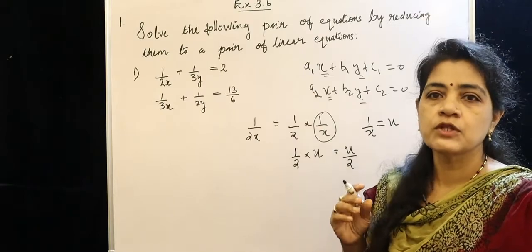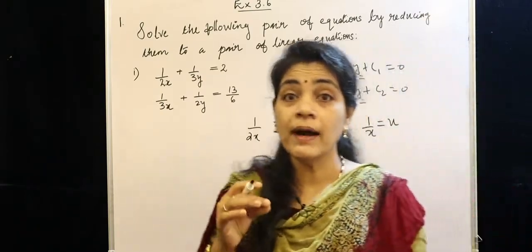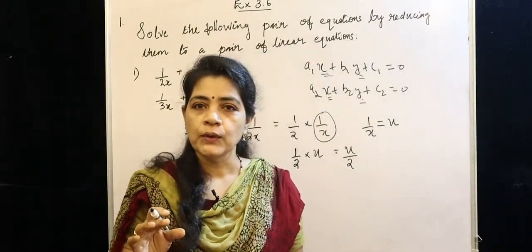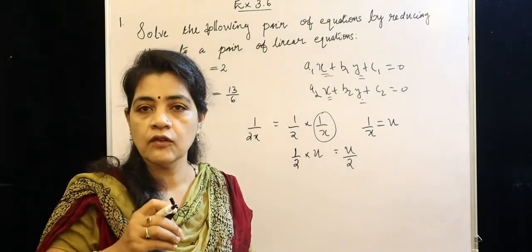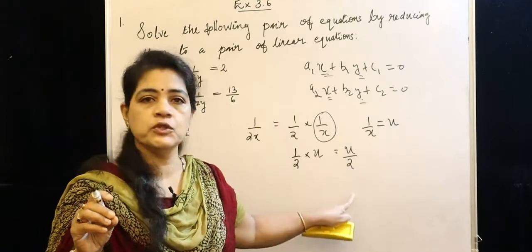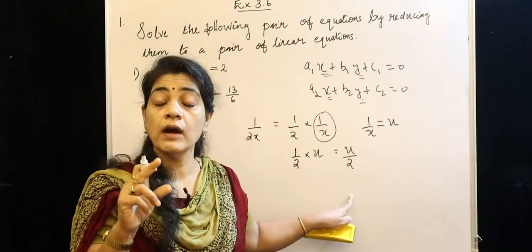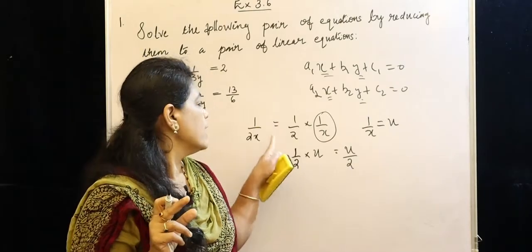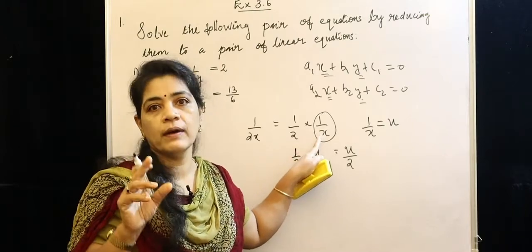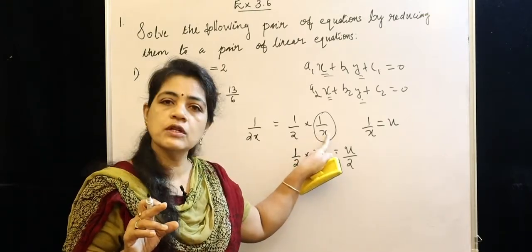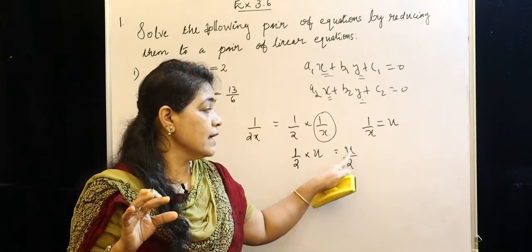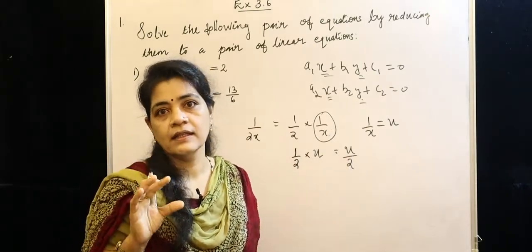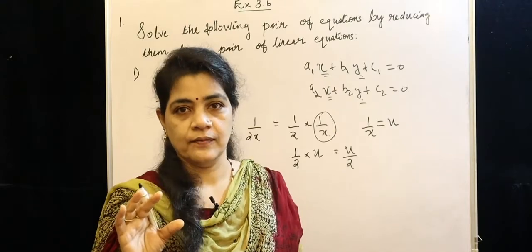After substituting 1 by x as u, the first term of the first linear equation is reduced to the form u by 2. Why? Because 1 by 2x is 1 by 2 into 1 by x, and we give the substitution for 1 by x as u. Hence, we can easily bring the variable into the numerator.